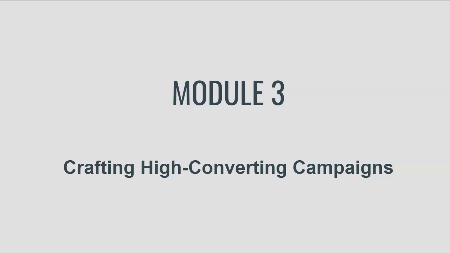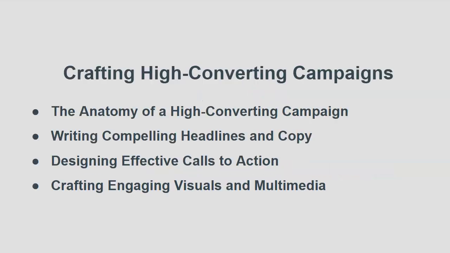Alright, welcome to Module 3 class, where we're going to be talking about crafting high converting campaigns. And in this class, we'll be looking at 4 important aspects of crafting high converting campaigns.